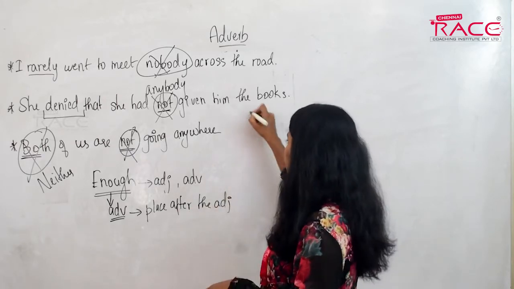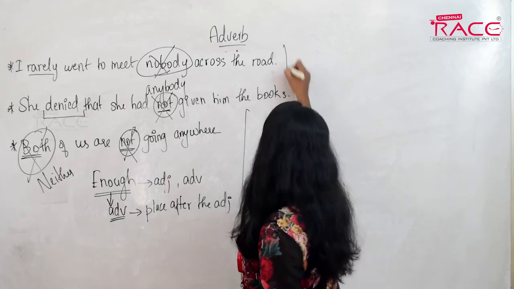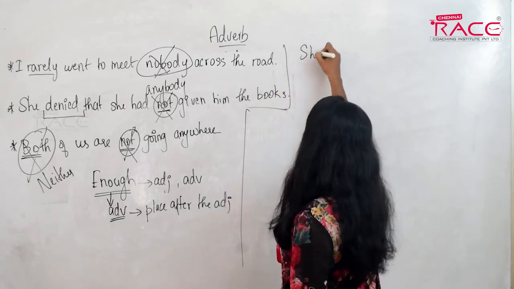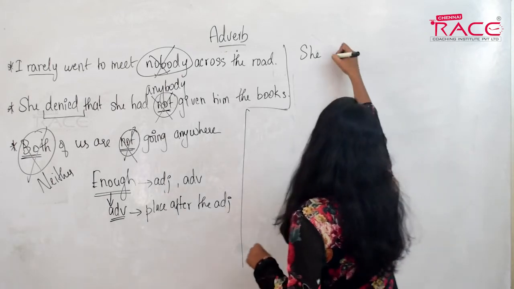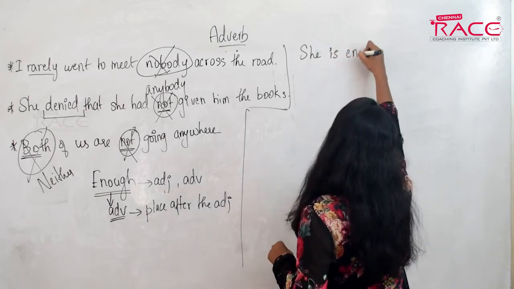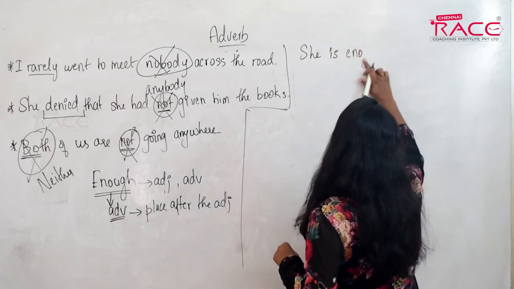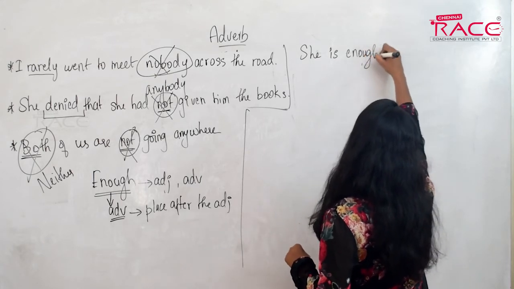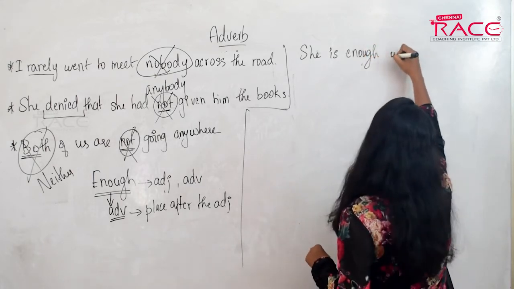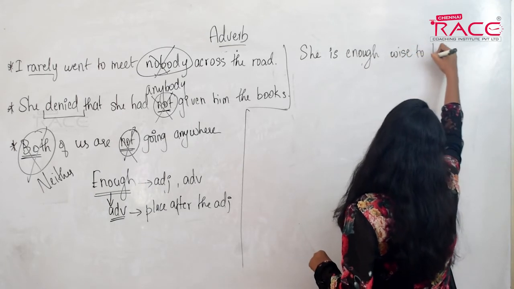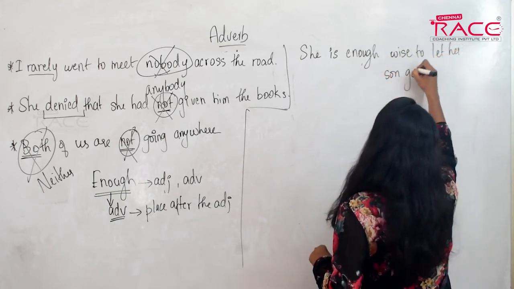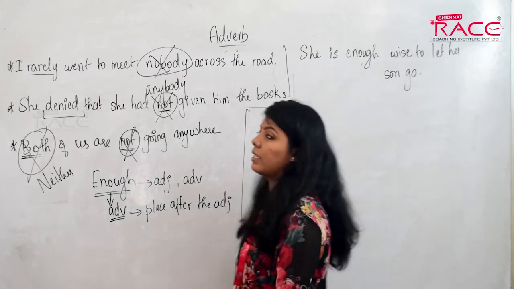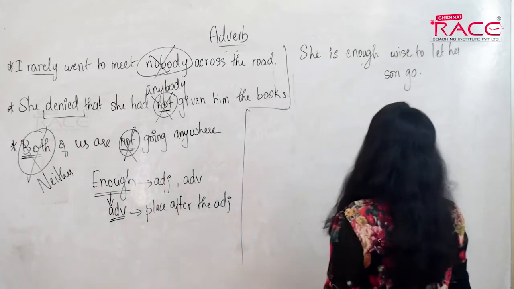For example, when I say she is enough wise to let her son go, this sentence is definitely wrong.